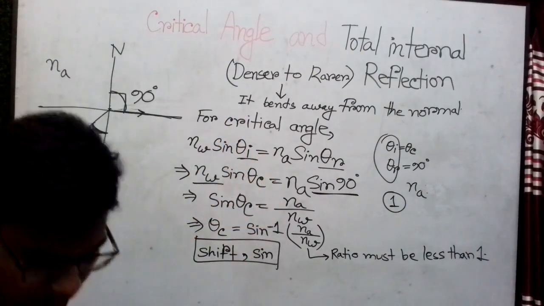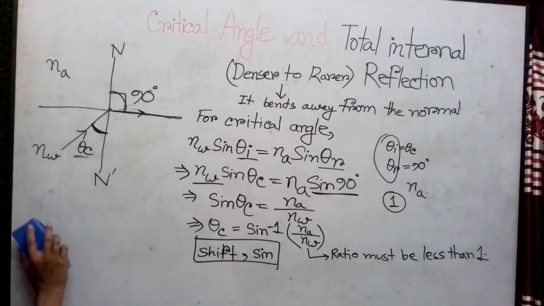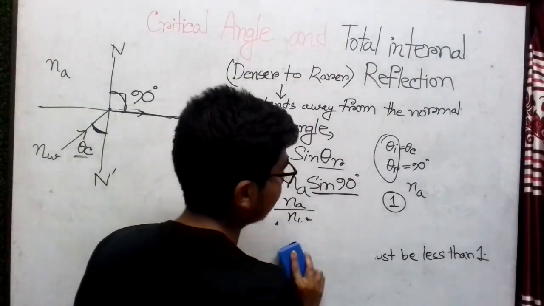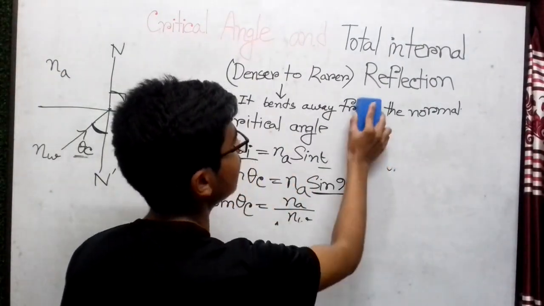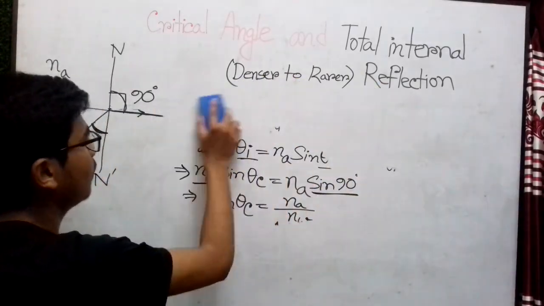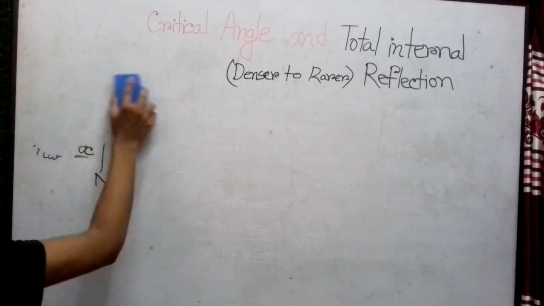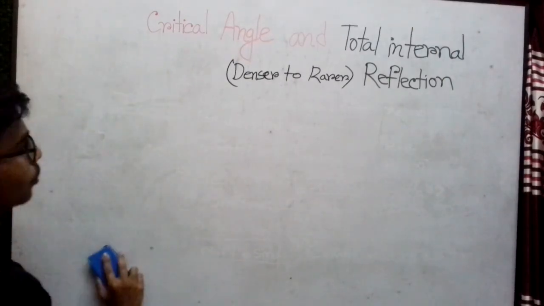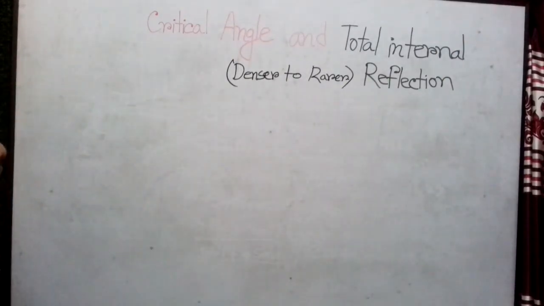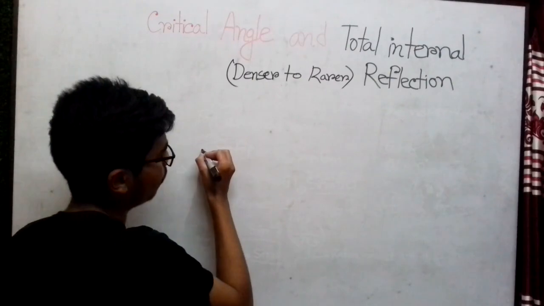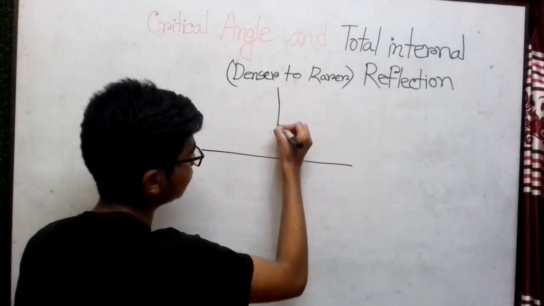Now another question comes into your mind. Now we are going to talk about total internal reflection. What is actually total internal reflection? Okay, so if I erase all these things, I'm going to draw total internal reflection. Suppose we are again drawing this.